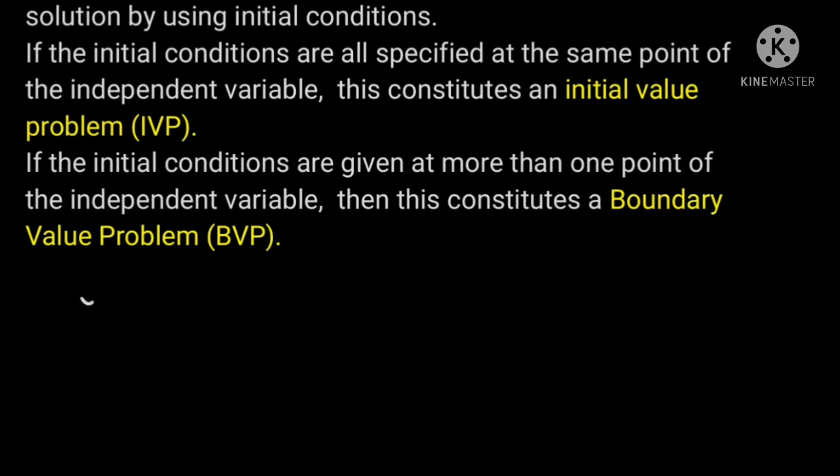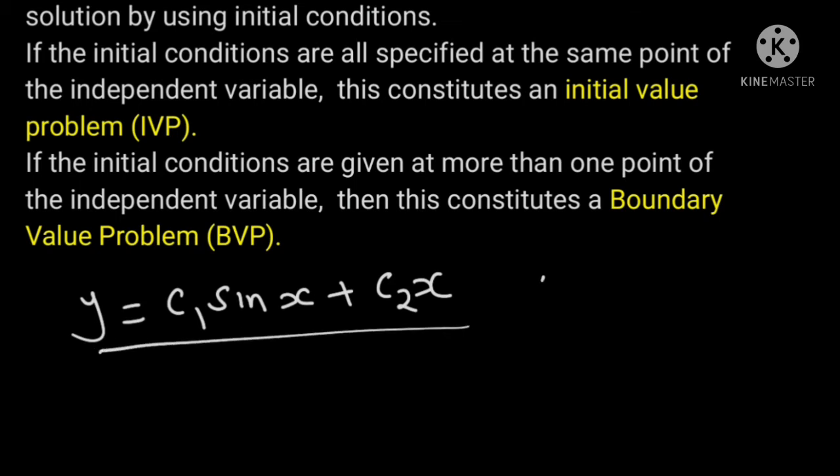Suppose we have y equals c1 sine x plus c2 x. This is a general solution because the arbitrary constants c1 and c2 are unspecified.